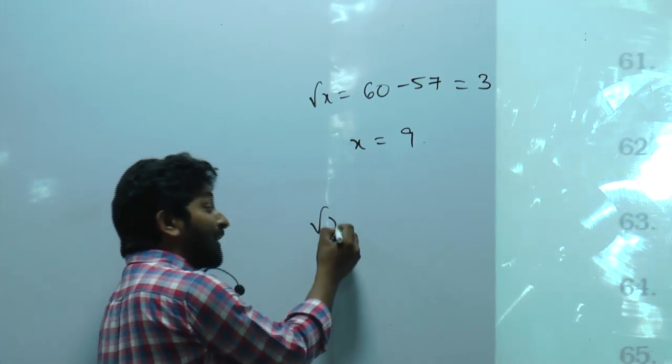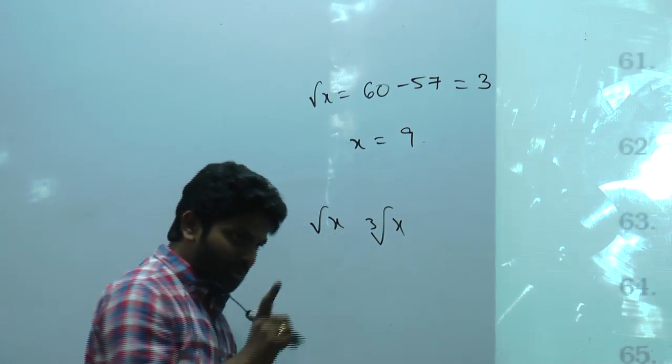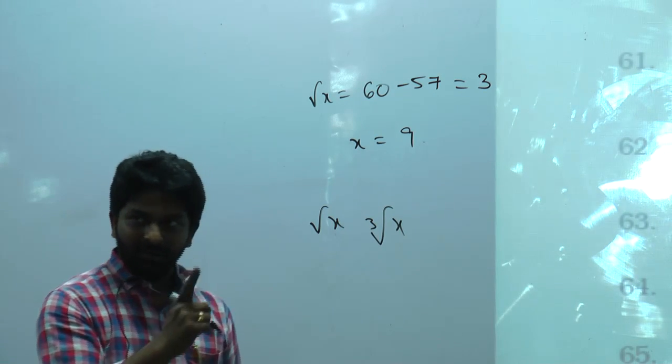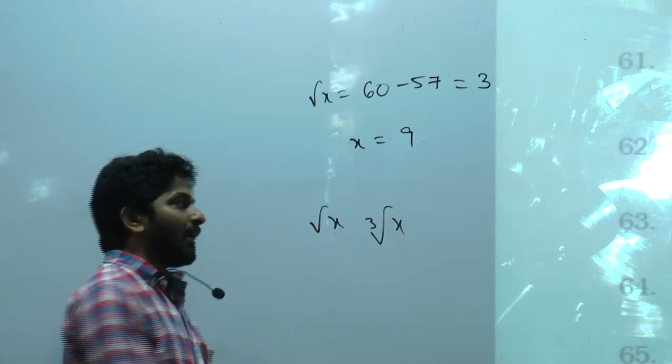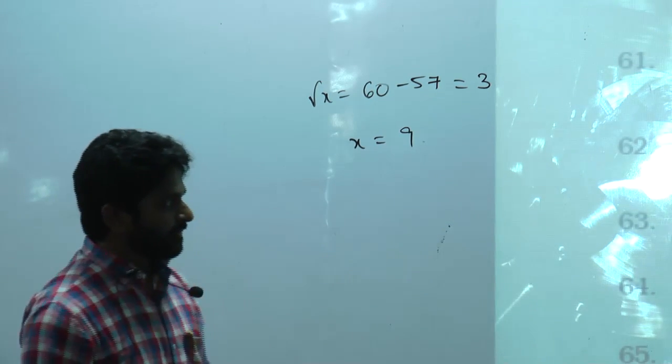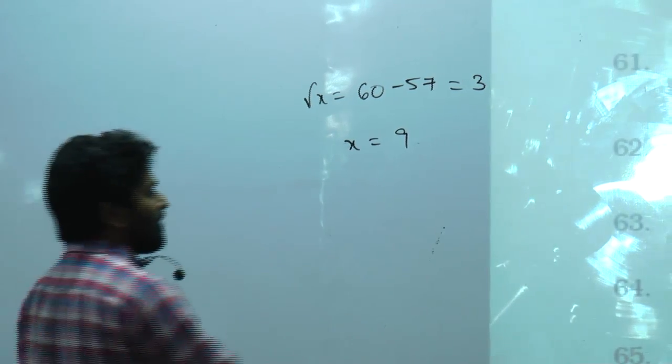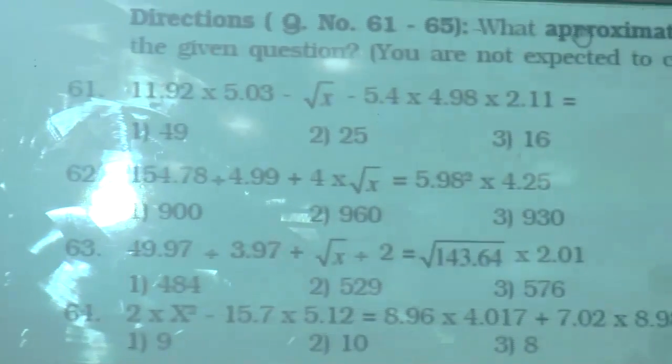But when you have root x and then cube root of x, make sure you calculate all those values and then get your answer. Okay? Right. What is the answer for this? 9. Next. Wherever you have root x, be careful.